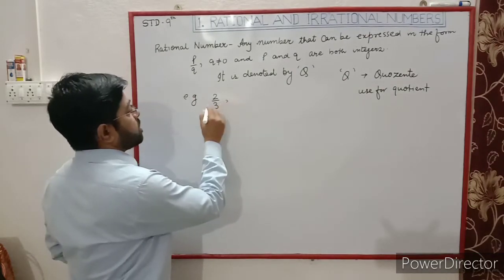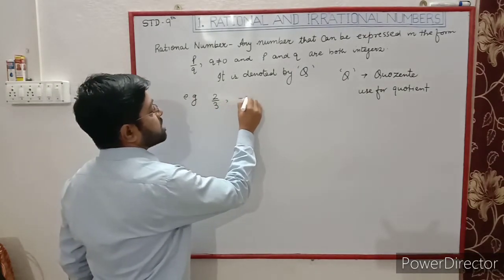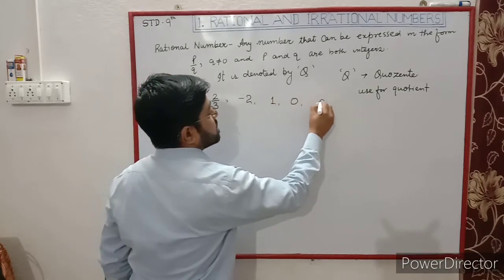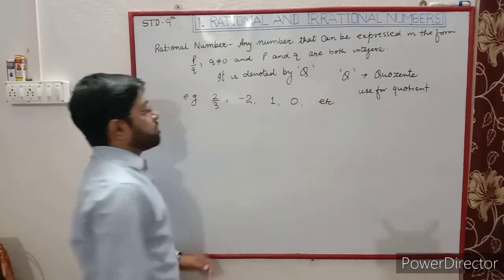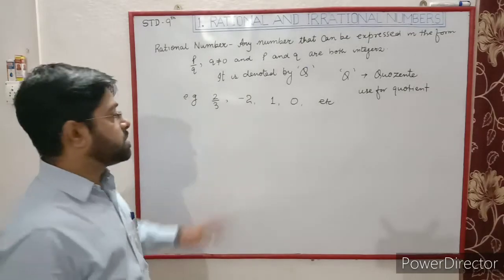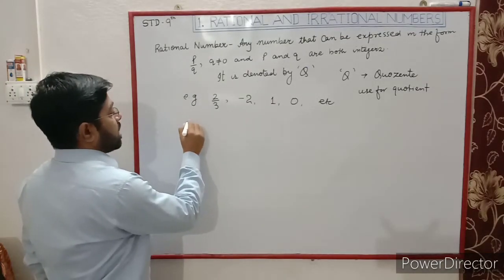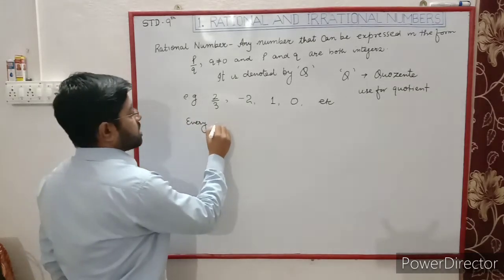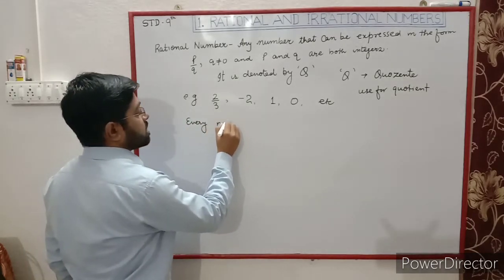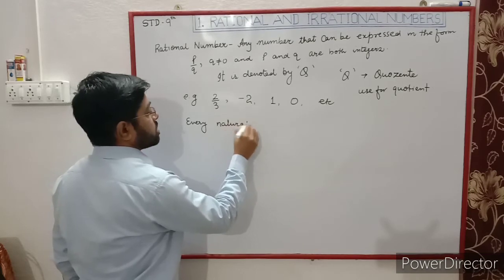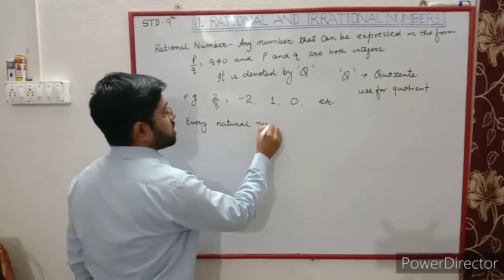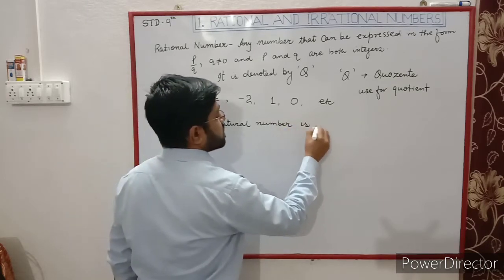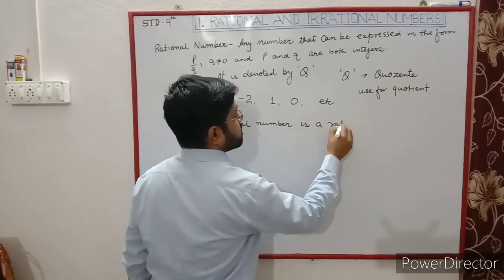The first example: 2 by 3, -2, 1, 0, etc. From this example, we can observe that every natural number is a rational number.